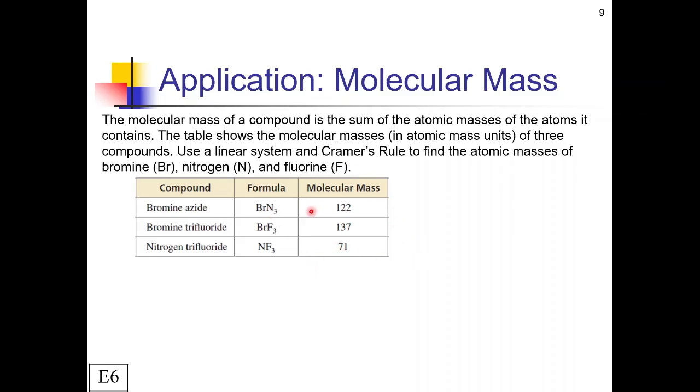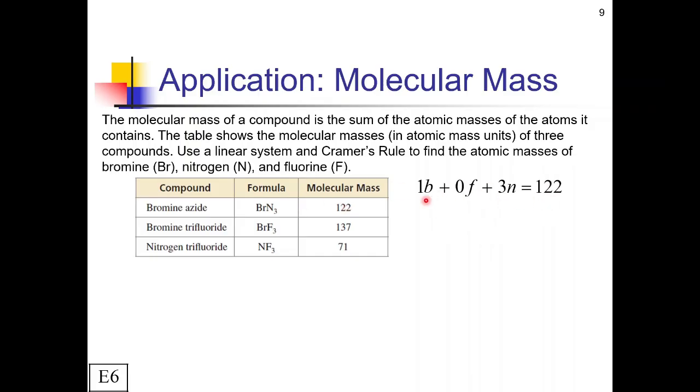And we'll set up the equations together here. So for our first one, we have one of these bromine atoms, so I'm going to write 1B, or just B if you want, either way. And it isn't really clear what order these should go in, so I'm just going to go alphabetically. It looks like we have 0 fluorine atoms here, so we've got 0F, and then we have 3 of these nitrogens, so 3N, and that adds up to 122.